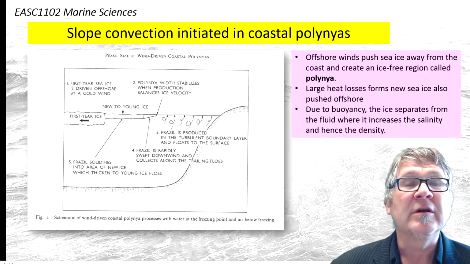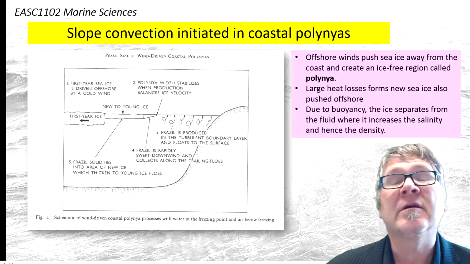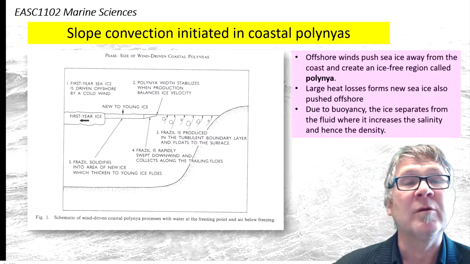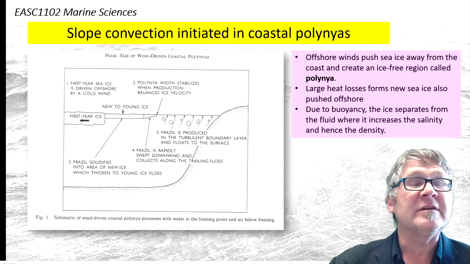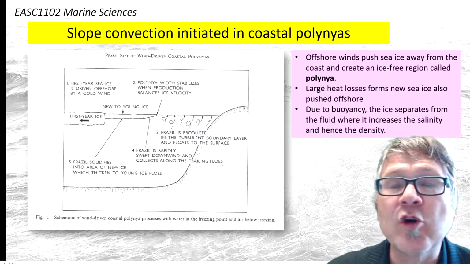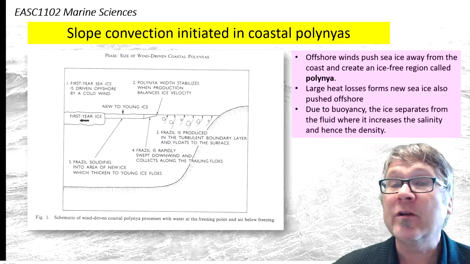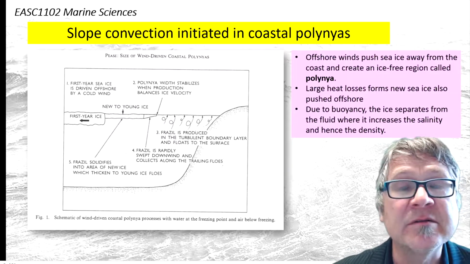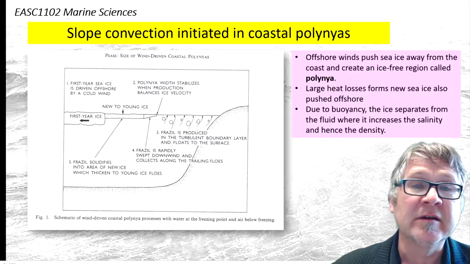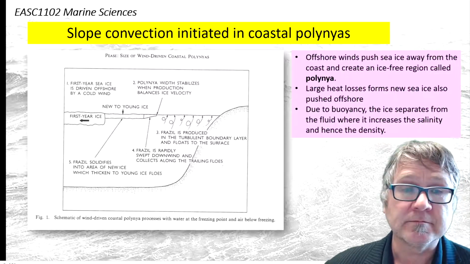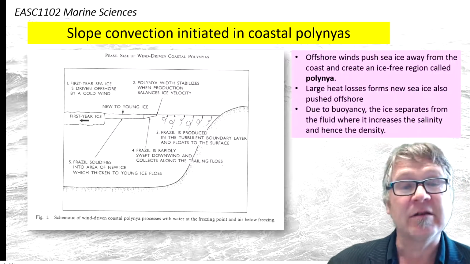These winds are called katabatic winds. They push the ice away and expose the sea surface to very cold air. The water is about -2 degrees Celsius, but the air can be -30 degrees or colder, and you get a large heat loss.